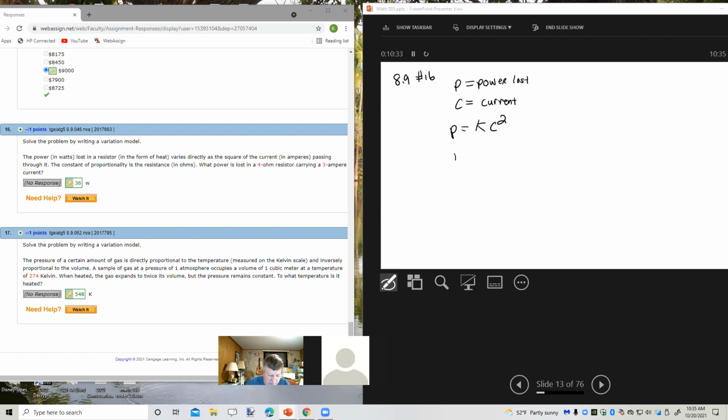So P equals K carrying, oh, the power, let's see, it would be what, a 4 ohm resistor? So hang on. What power is lost to a 4 ohm resistor carrying a 3 ampere current? So the current is 3. So 4 equals K times 3 squared. Okay.